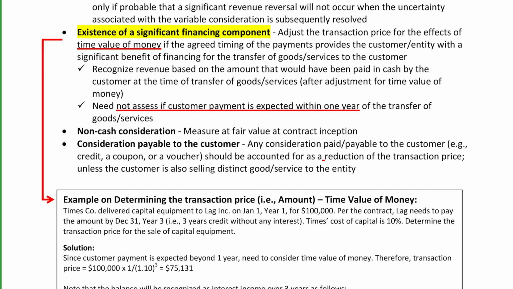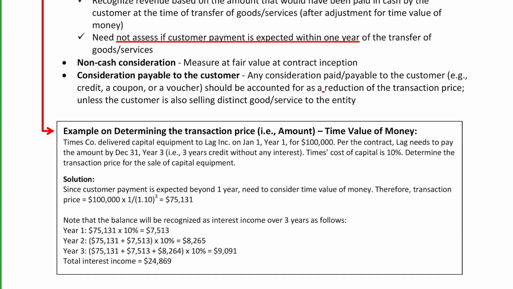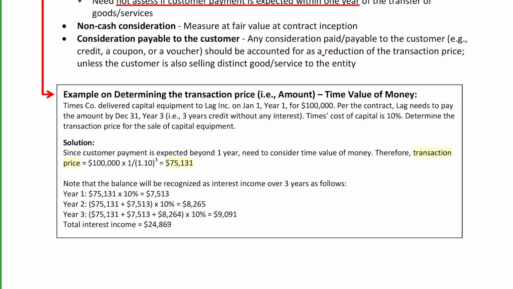Now, Times cost of capital is 10%. Need to determine the transaction price for the sale of the equipment. Now, since customer payment is expected beyond 1 year, need to consider the time value of money, based on which highlight the transaction price is $75,131.